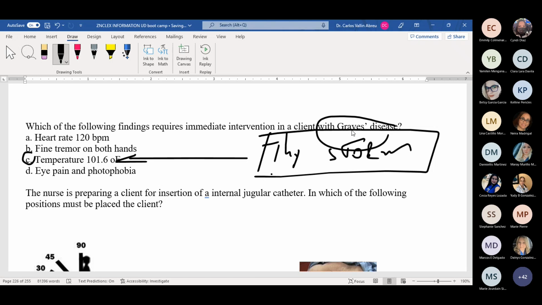Okay, that's why Nclex question: what is the most important medication to give? Yes, the propranolol is the most important medication to give. You remember that we were talking about what is the most important in Addisonian crisis.